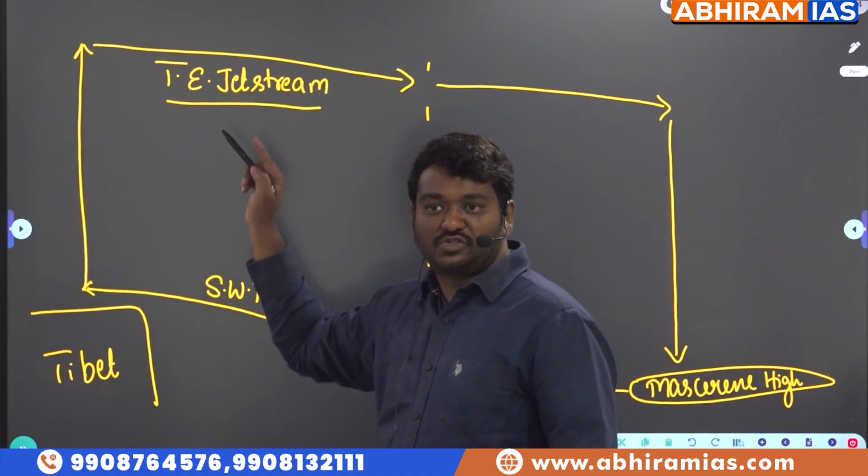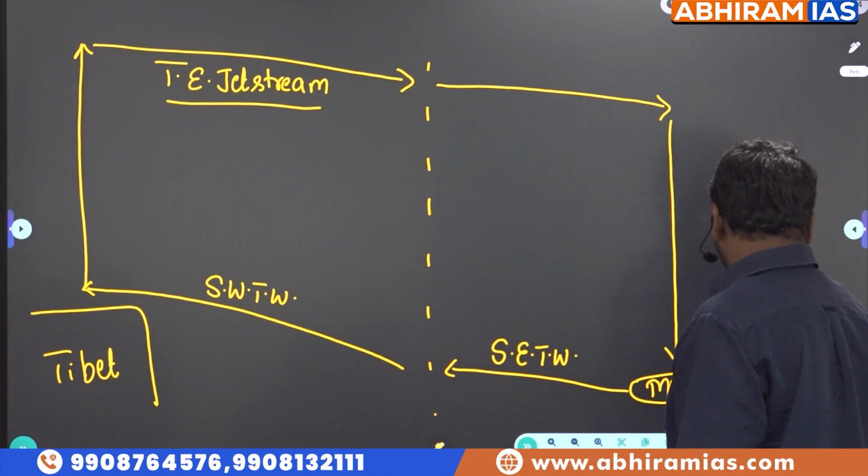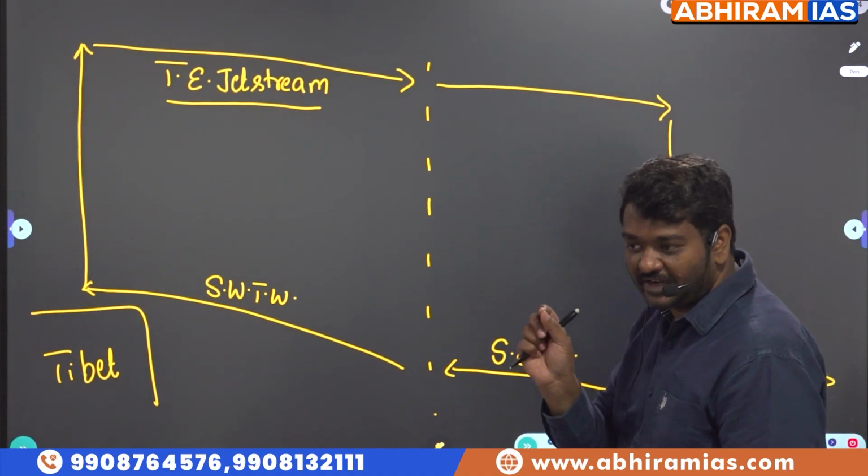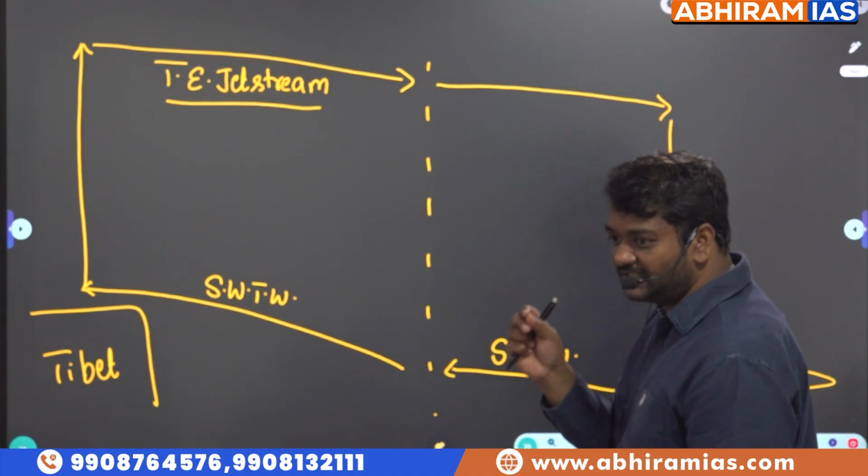Okay, so you just write the word tropical easterly jet stream.